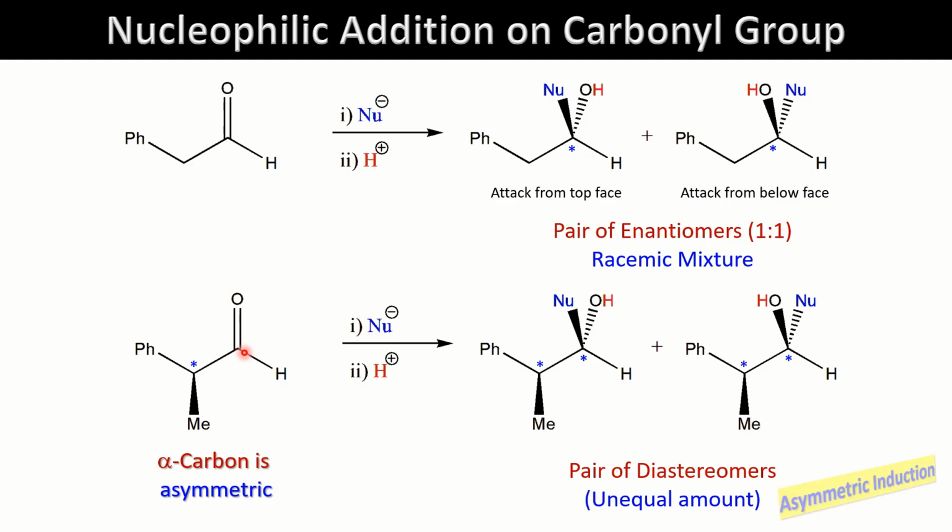Now this is also called asymmetric induction because of the asymmetry in the starting material. There is a formation of unequal amounts of the product. Now the question is, will this product be formed in the major amount or this product? Here comes Donald J. Cram.